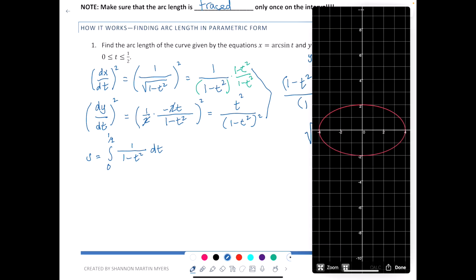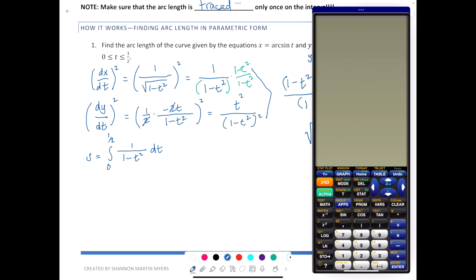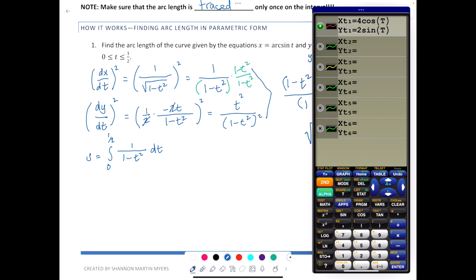So let's look at the graphing calculator and make sure that it doesn't overlap itself. Going back to y equals, we have x is equal to arcsine of t, and then y was equal to the square root of 1 minus t squared.